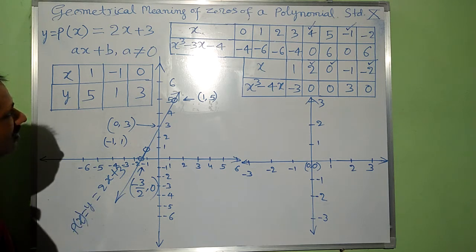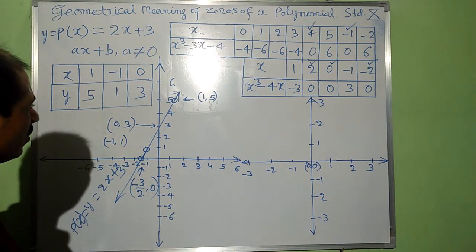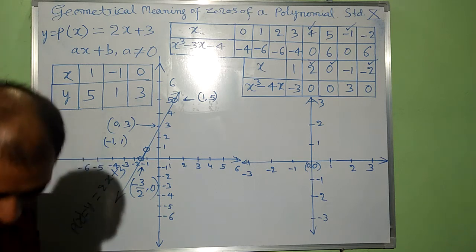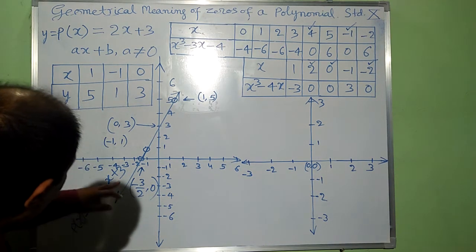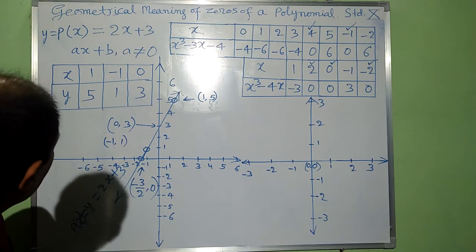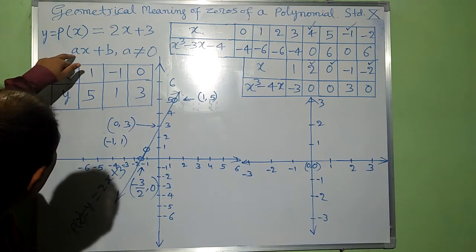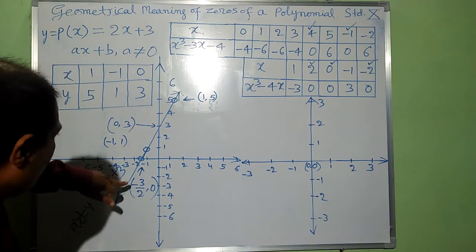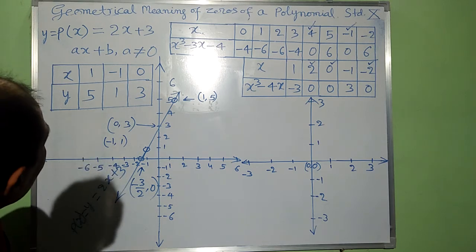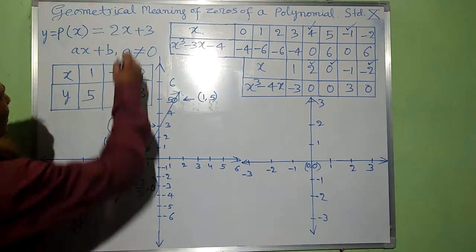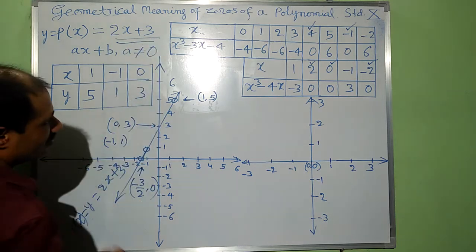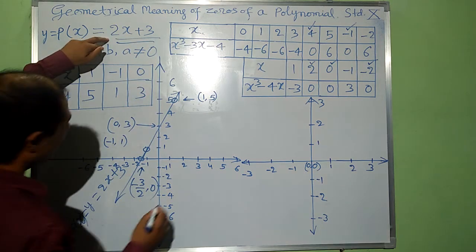This is the relation between zeros of a polynomial, its graph and the x coordinate. This is a straight line and this is a linear polynomial. Its degree is 1 and its root is also 1. Algebraically also we can find its root or zero, and it will be the same.